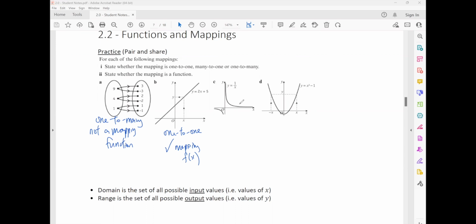This one is a one-to-one. It's a one-to-one because each value of x only gives one value of y, so you can see only one value each time. However, this is not a mapping function. Now, why is that the case? Because x equals 0 doesn't get mapped.